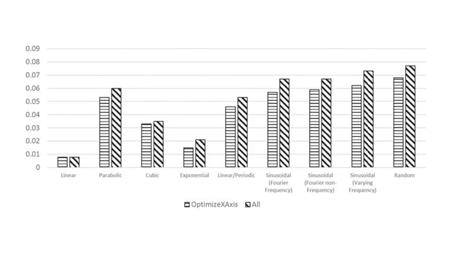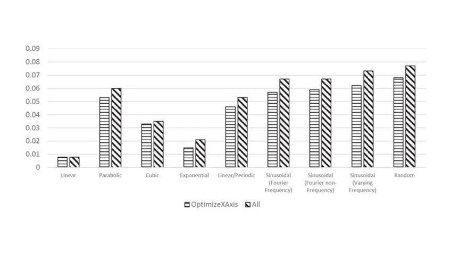And we have a bar graph here. It is about linear, parabolic, cubic, exponential, linear or periodic, sinusoidal Fourier frequency, sinusoidal Fourier non-frequency, sinusoidal varying frequency, and random.